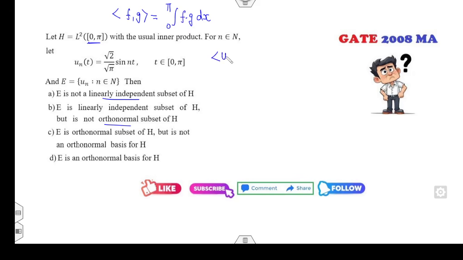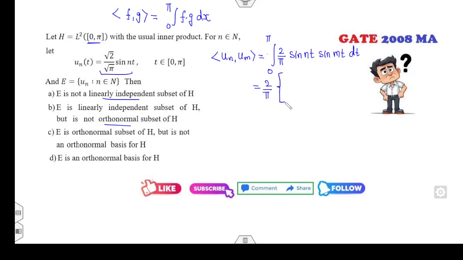So let's start with u_n and u_m. So how much will this be? Integration 0 to pi, the value of u_n is this and u_m, so that will be 2 over pi sin nt sin mt. Fine, 2 over pi is outside.